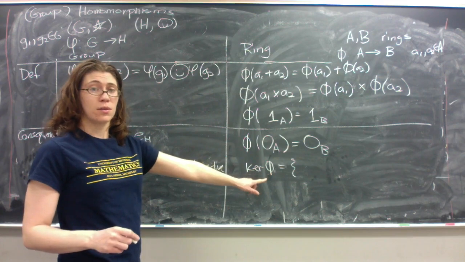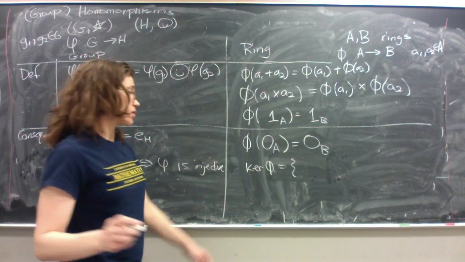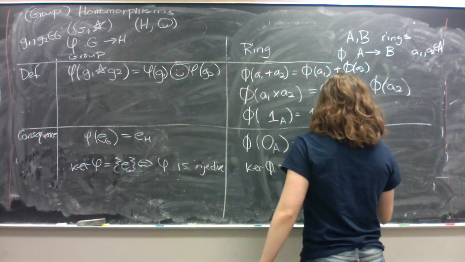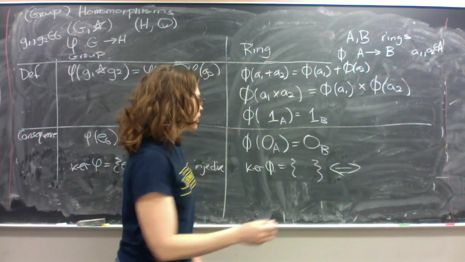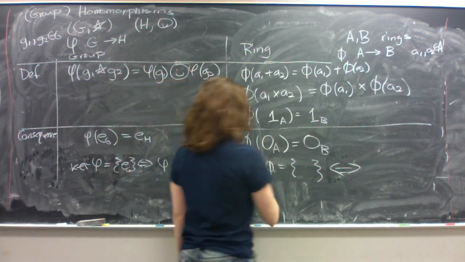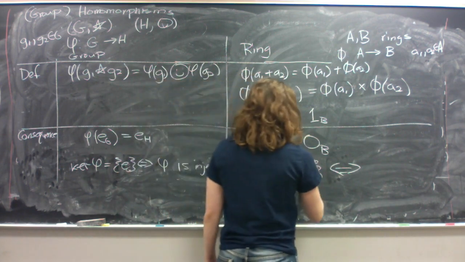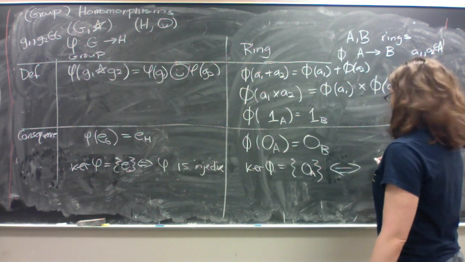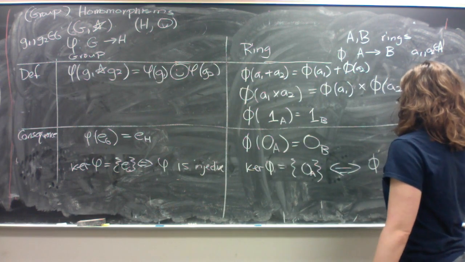Which one? Maybe this is a discussion section question. Well, okay, it's probably not. It's the additive identity. The kernel of phi is the additive identity if and only if phi is injective.